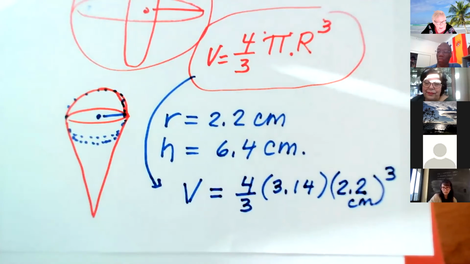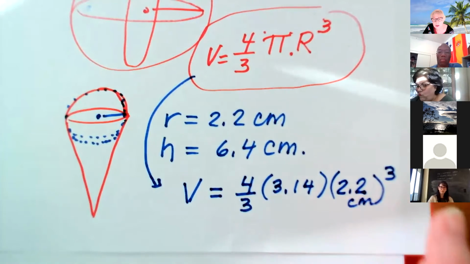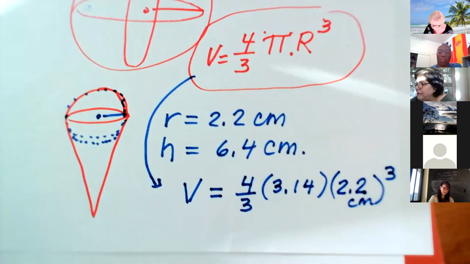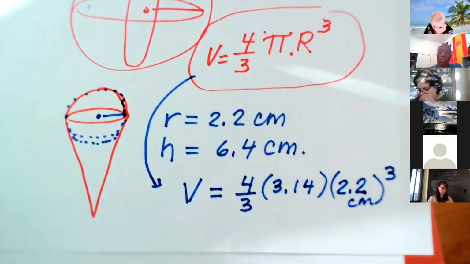So we're going to try this. And of course, I'm going to try it with my calculator because I have no use for doing it by hand. The first thing I would do is take 2.2 and cube it. I've got 10 point something. I'm then going to multiply it by 3.14.